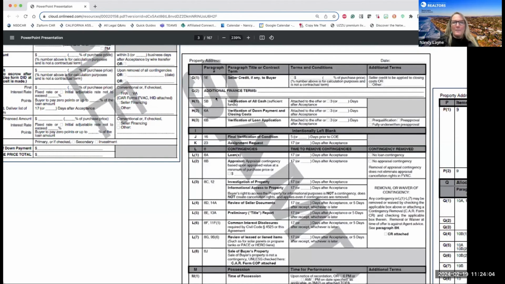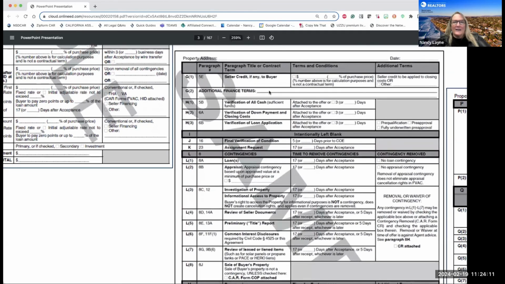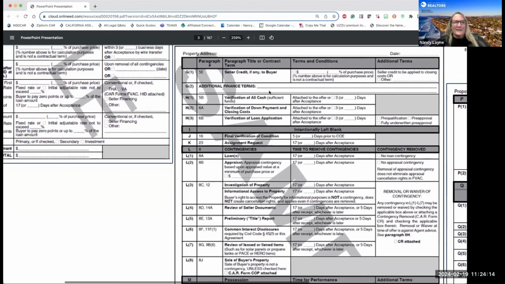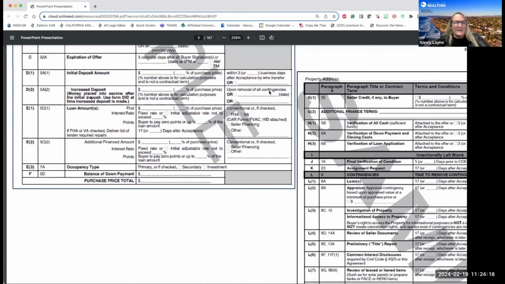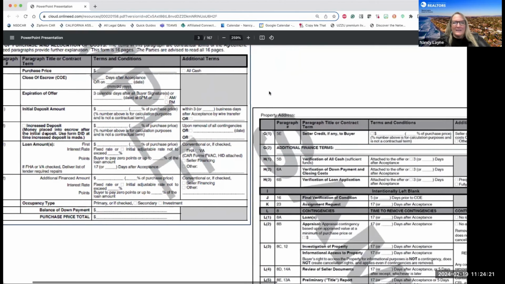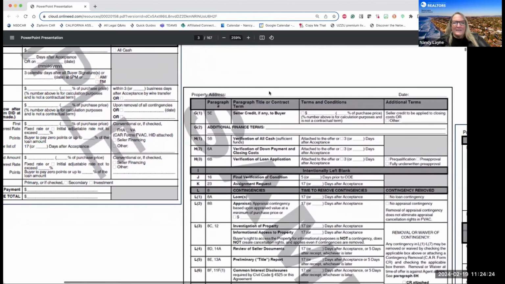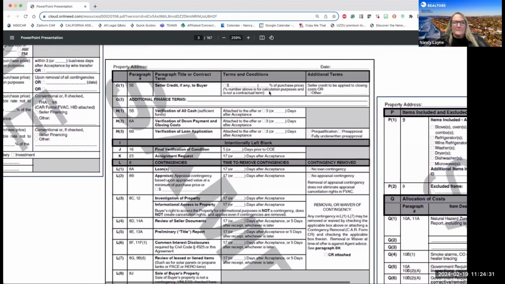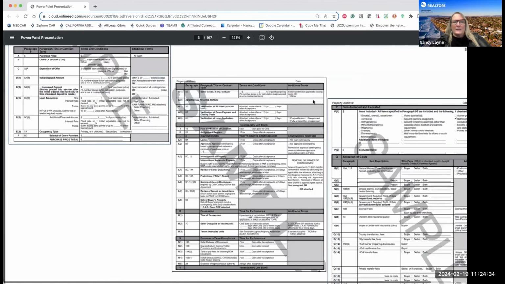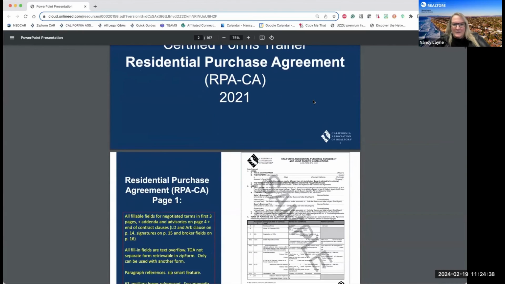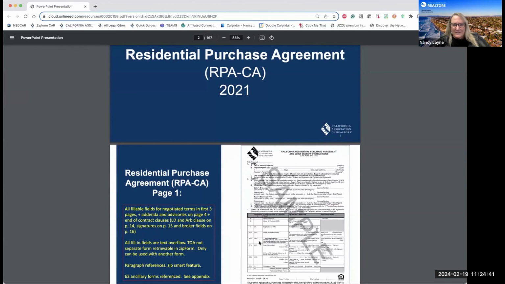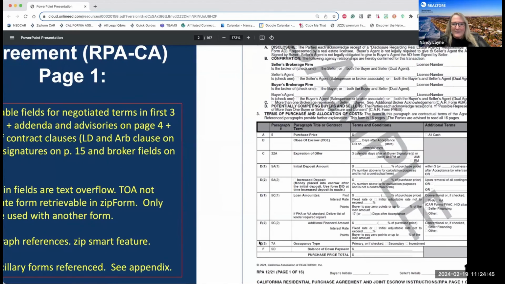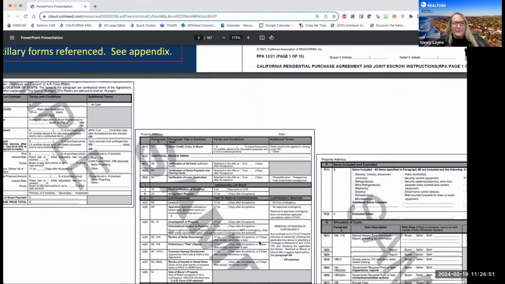Okay, so they shrink it out. Okay, so this is funny. I didn't pull the whole page up.